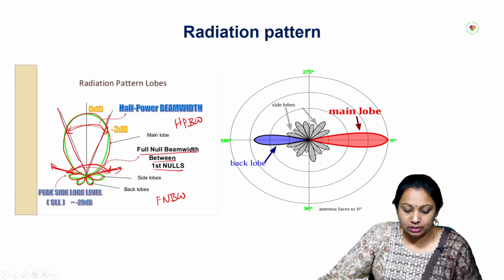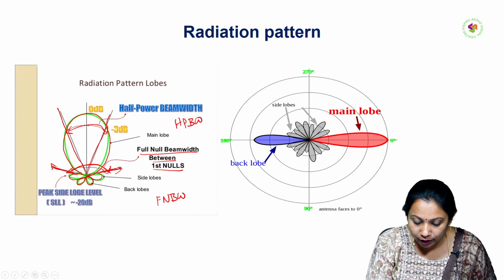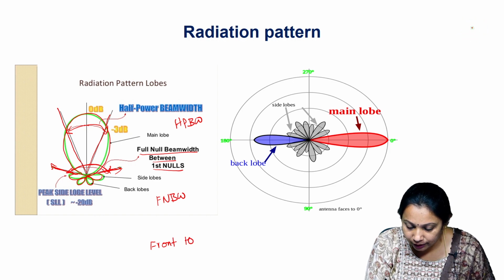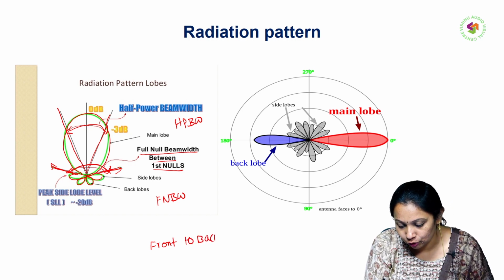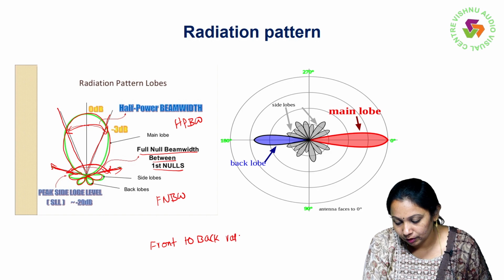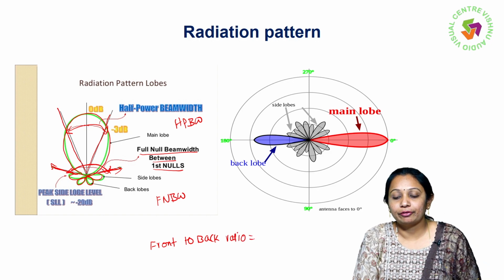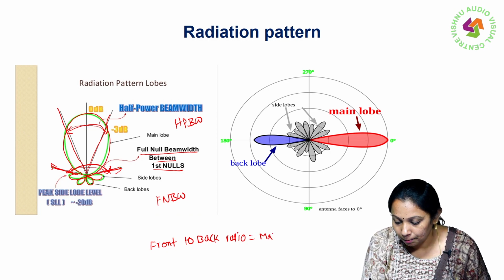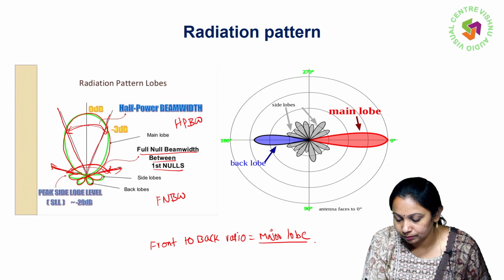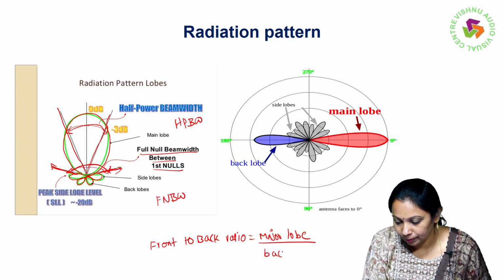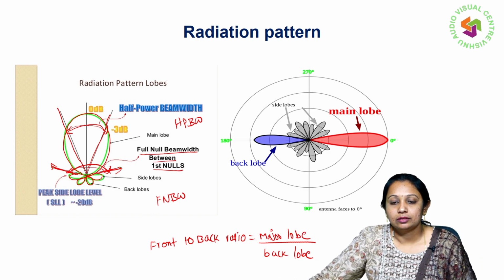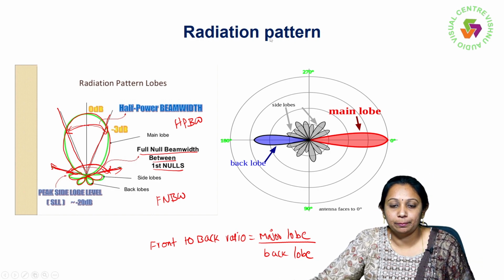From these lobes we can define one more term, that is front to back ratio. The front to back ratio is the ratio of the major lobe direction to the back lobe. So this is the concept of radiation pattern.